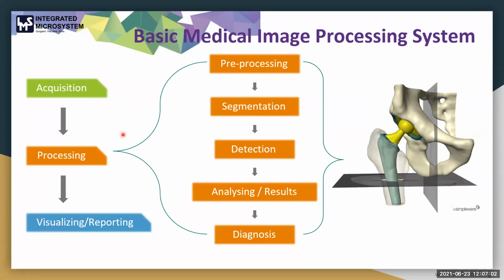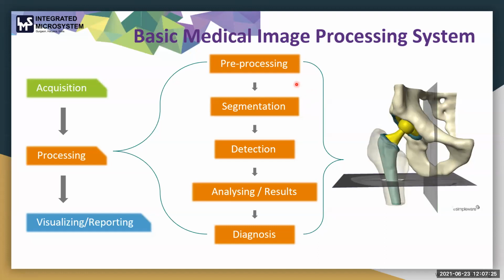This is the basic medical image processing system. It starts with acquisition of images. Then we do the processing, and then we have the visualization and reporting. Today, I'll be discussing mostly the processing part. The processing part includes pre-processing of the data so that we can start working on it.